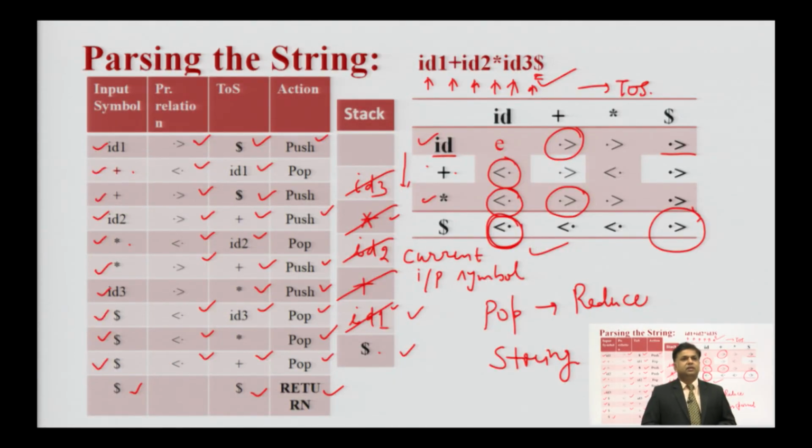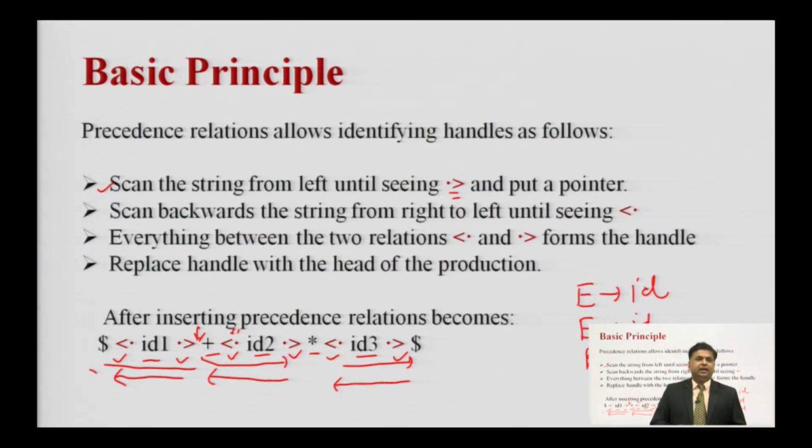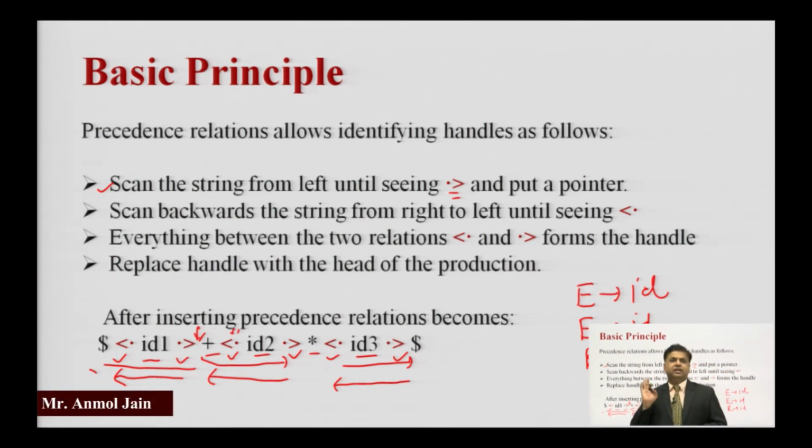So by following this precedence parsing algorithm, we took an example, ID1 plus ID2 into ID3 dollar, whether it can be parsed by the precedence table or not, and step by step we derived the scanning or the parsing, and we find that the string can be parsed successfully. Easily we can do it by just simply inserting the precedence relation between the terminals and scanning from left to right, then right to left.